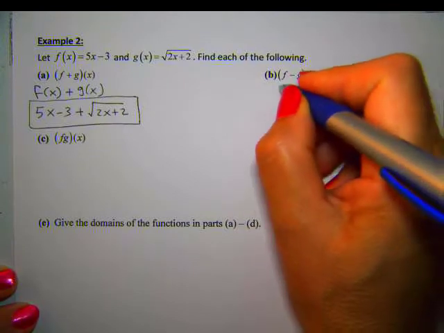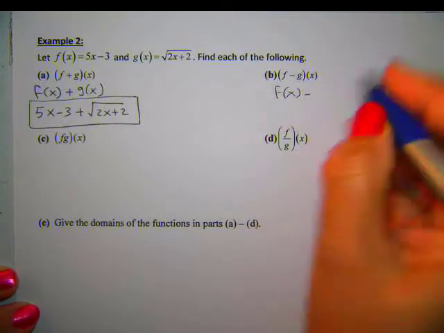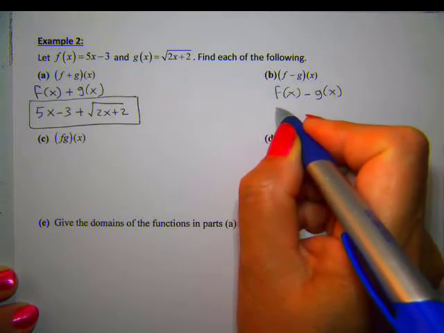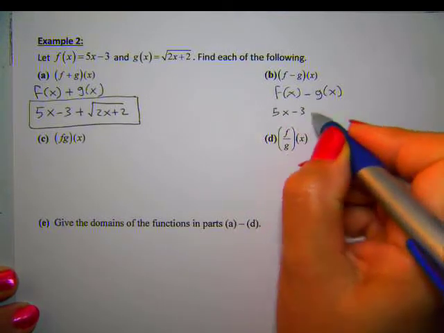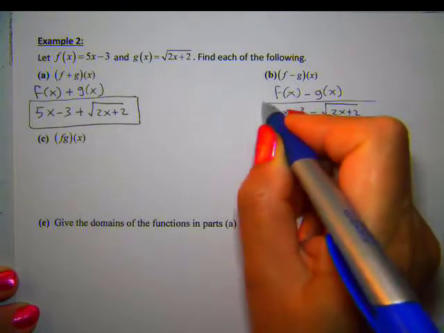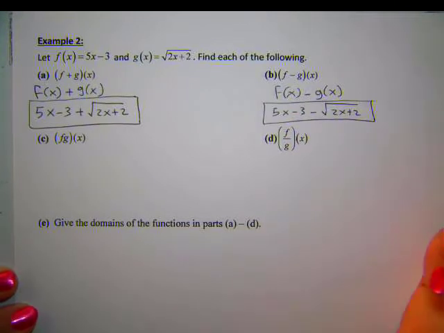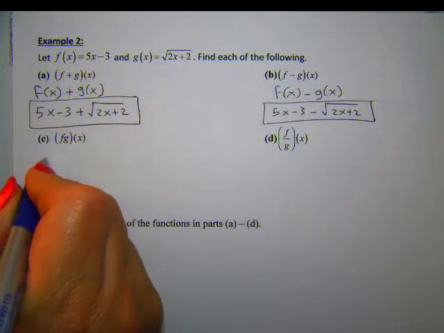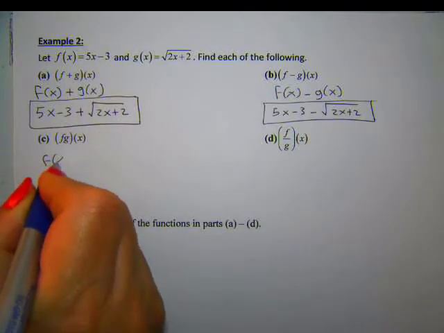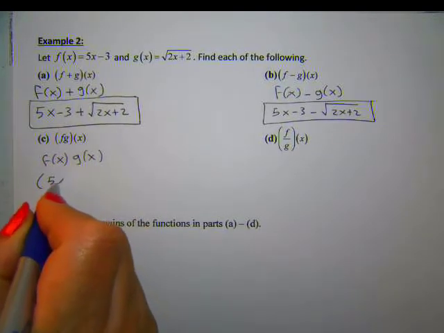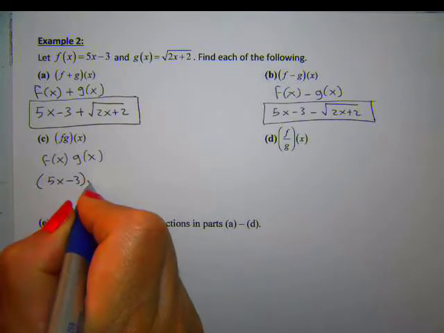Okay, f of x minus g of x is 5x minus 3 minus the square root of 2x plus 2. Again, for this example, there are no like terms. f times g of x is the product. Since it's f of x times g of x, be careful to put parentheses around the functions.